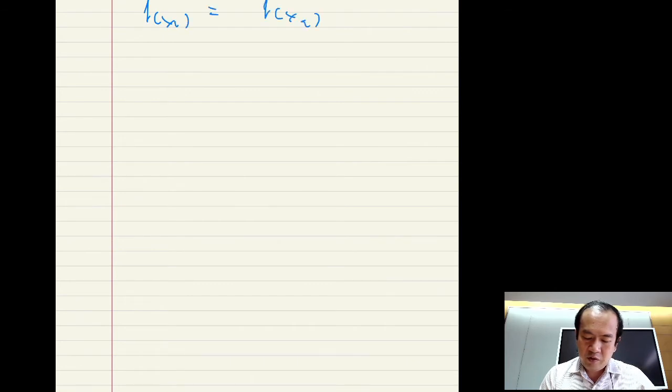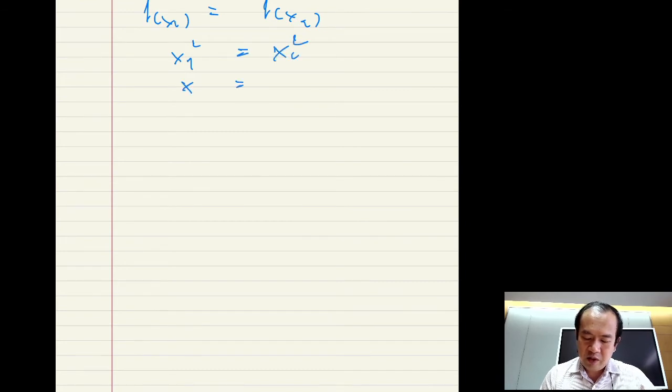So f of x equal to x squared, where f is from Z to Z. You can see that this one is not one-to-one, because let's say f of x1 equal to f of x2, so x1 squared is equal to x2 squared.